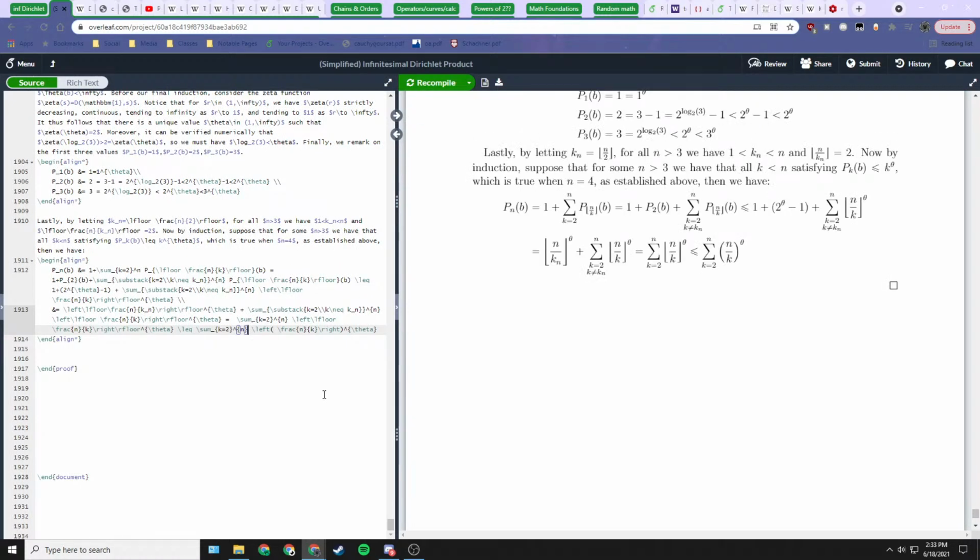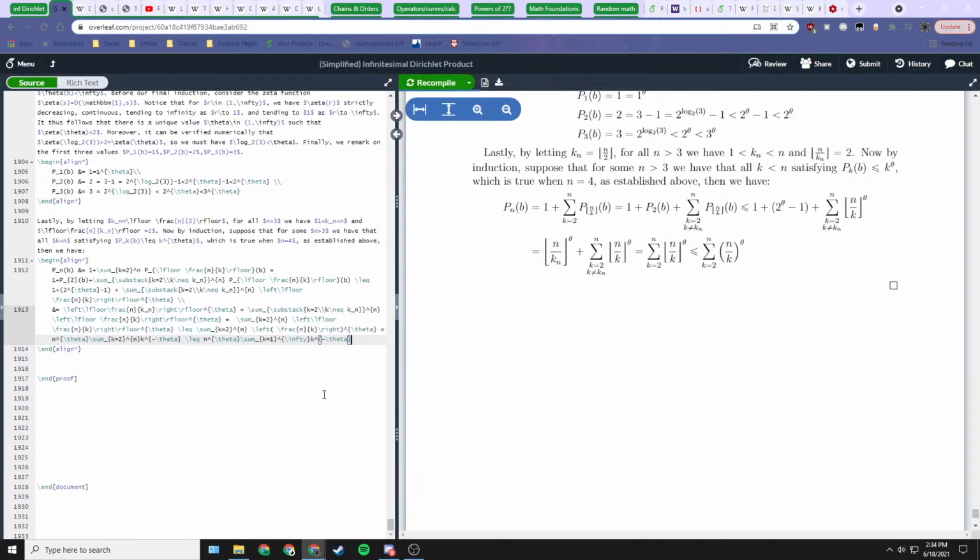So this is just equal to n power theta times the summation k equals 2 to n of k power negative theta, which is less than or equal to n power theta times the summation k equals 1 to infinity of k power minus theta.